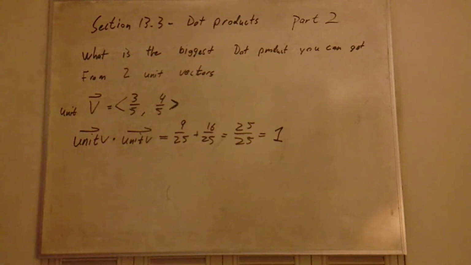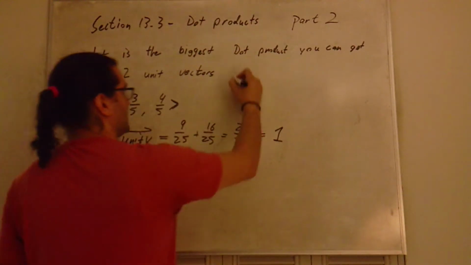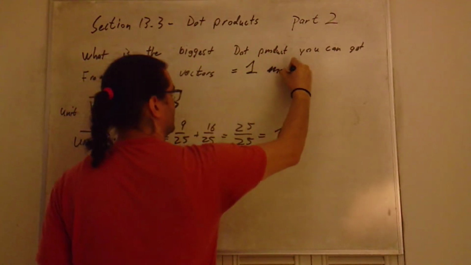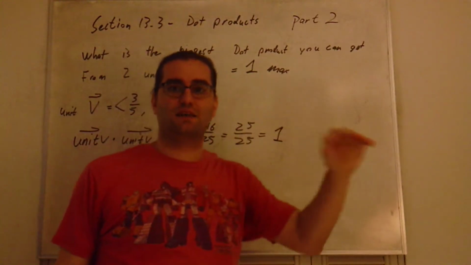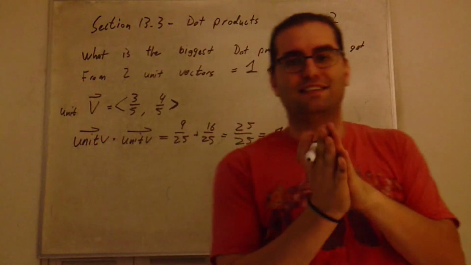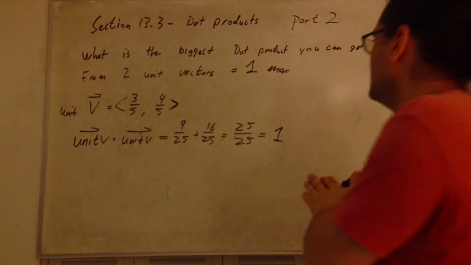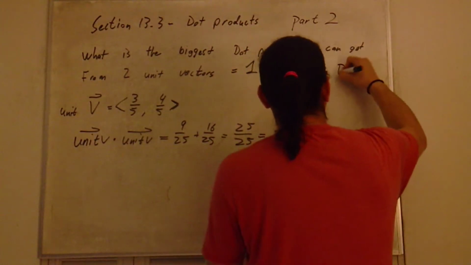So, the biggest dot product we can possibly get from two unit vectors is 1. This is the max. And this means that your two vectors are pointed in the exact same direction. There is zero difference between those.